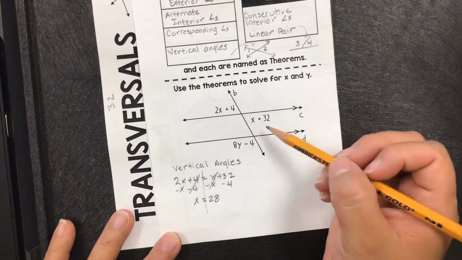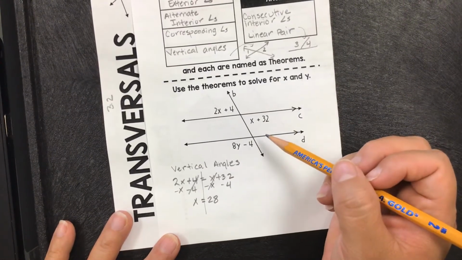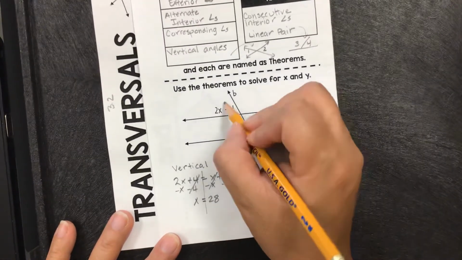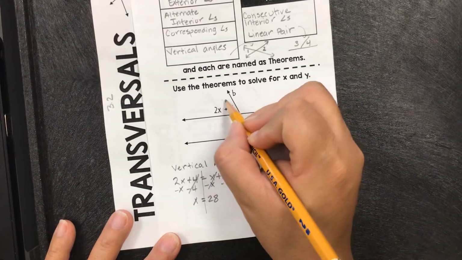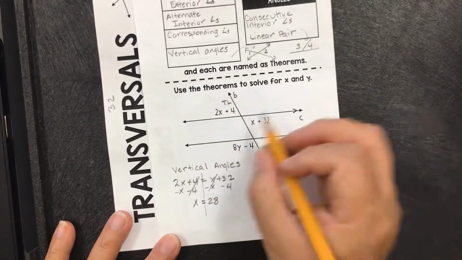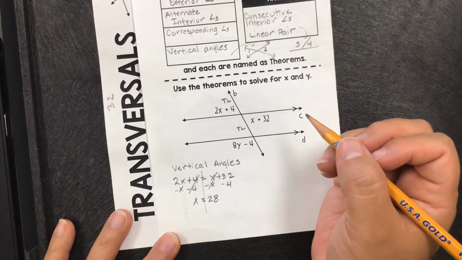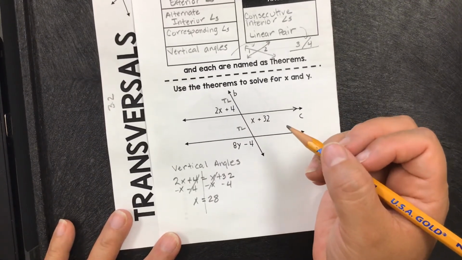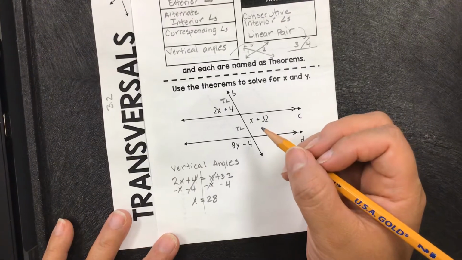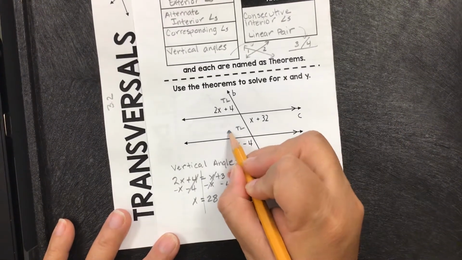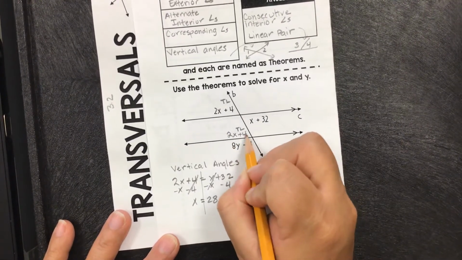Then the next one, you could do it several different ways, but one of the ways is that this is, for example, the top left, and then right here, this is a top left. So they're corresponding angles. Because they're corresponding angles, we know that they're equal. That means that this one could also be 2x plus 4.